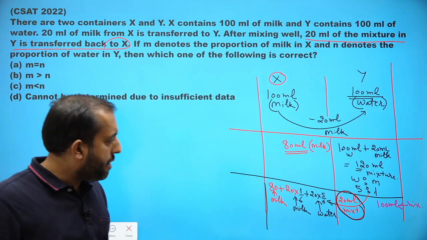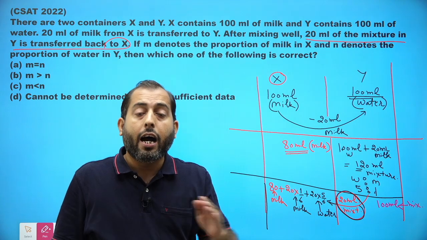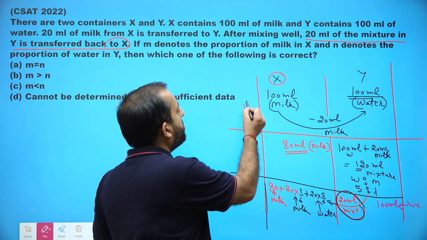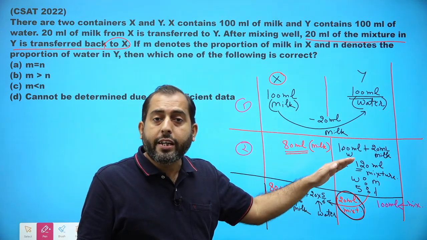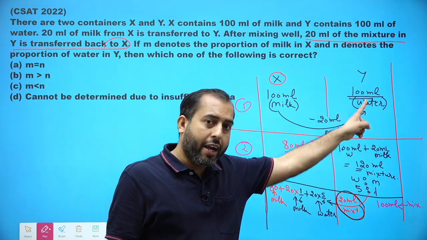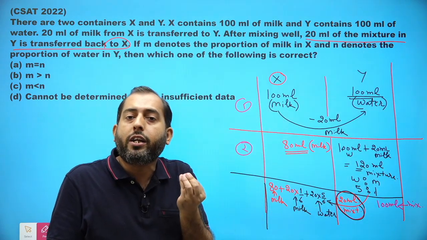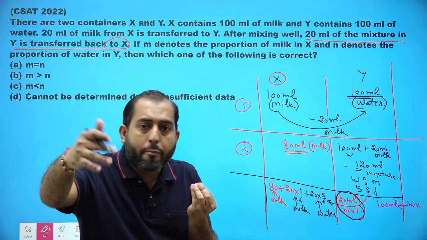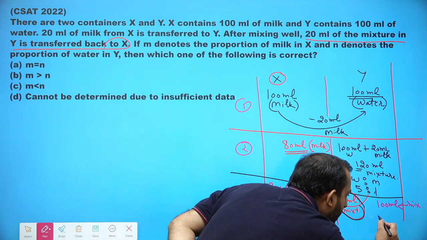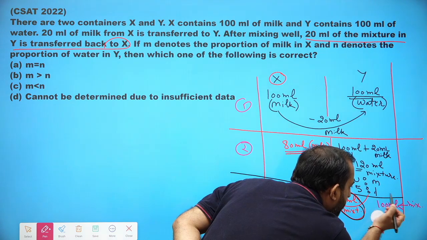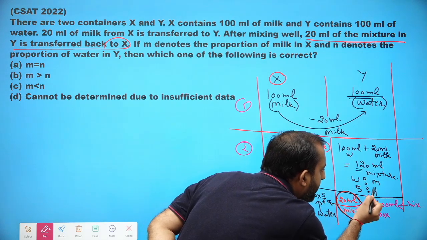After the second step, no water or milk was added to container Y. So if we extract 20 ml out of 120, in the remaining 100 ml the ratio of water to milk remains the same, 5:1.